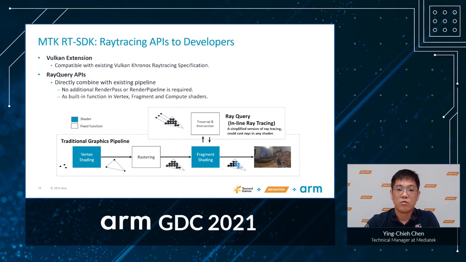No additional rendering paths or rendering pipeline is required. Developers only need to add their ray tracing logic to their existing shaders. The ray tracing lighting result can simply be added into the final pixel color.